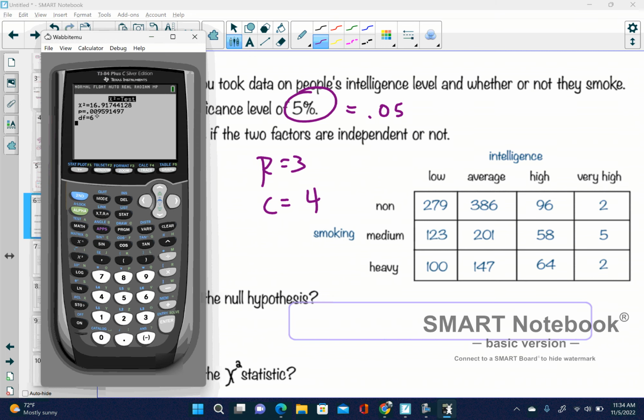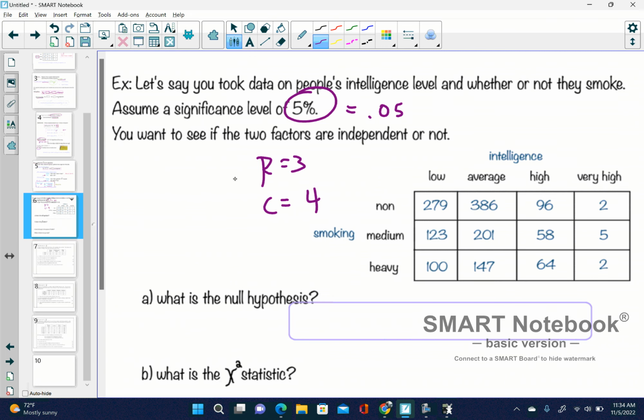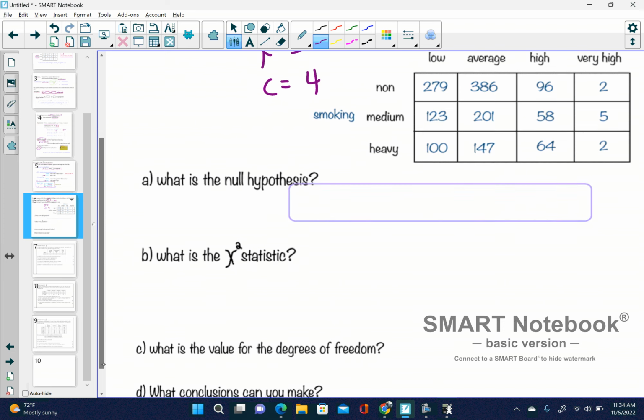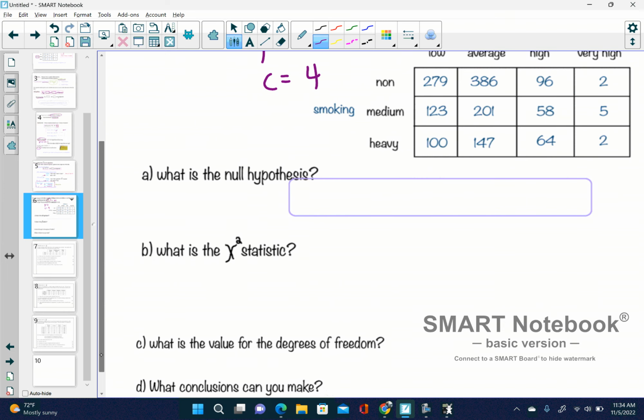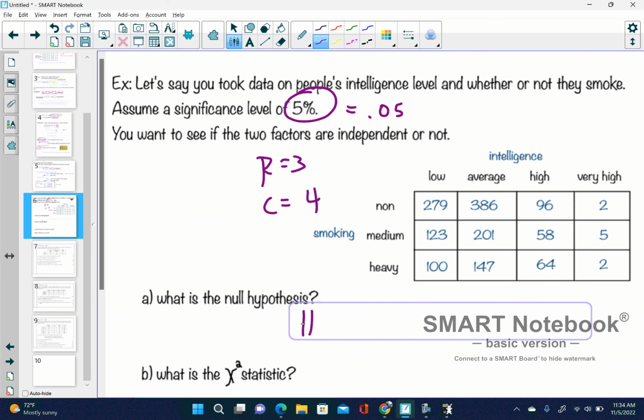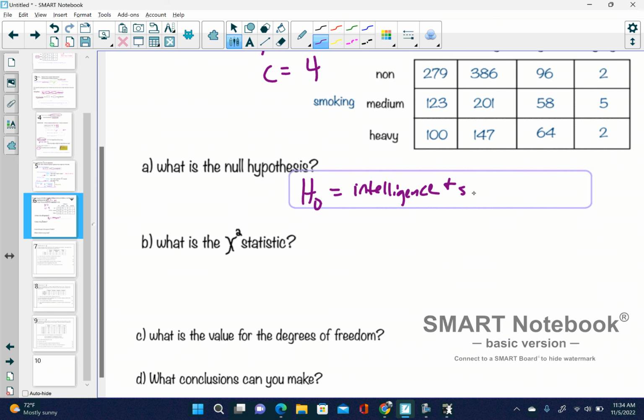Okay, awesome. So now let's go back to answering our questions right here. What is the null hypothesis? The null hypothesis is that intelligence and smoking are independent of each other, so that the two variables are independent.